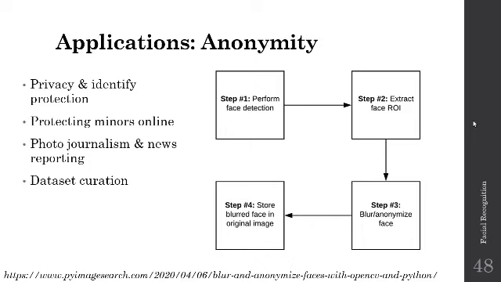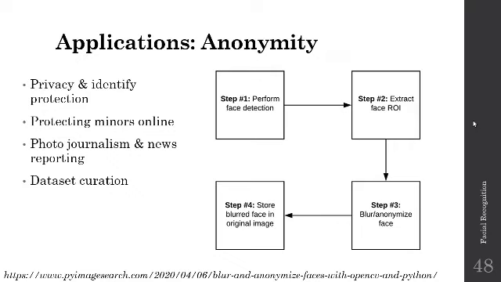Let's explore a particular application of facial detection in a video feed. Here the application will be implementing anonymity into a video feed such that when faces are detected, they are either covered or blurred.